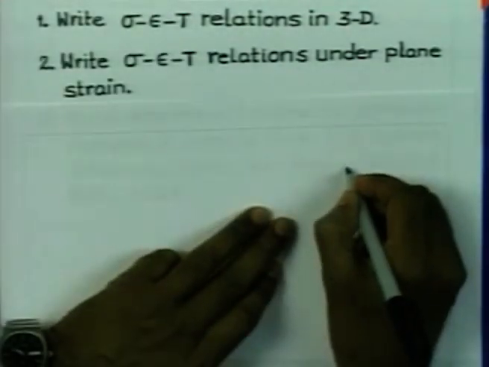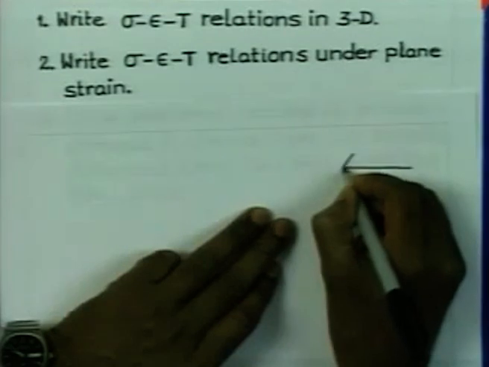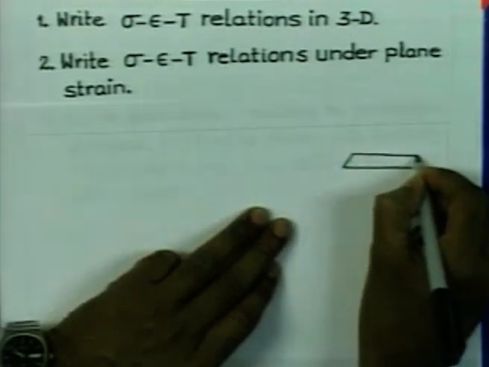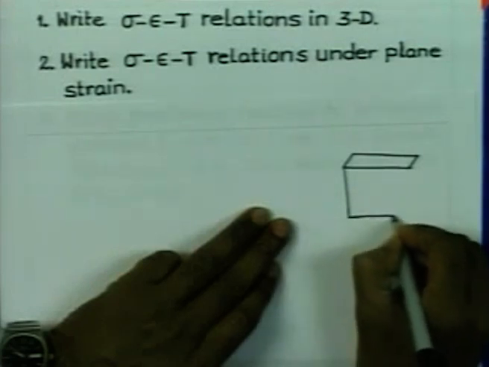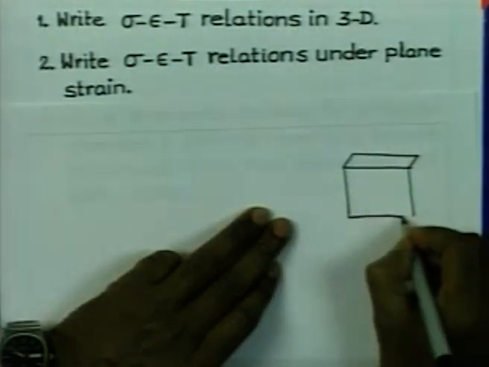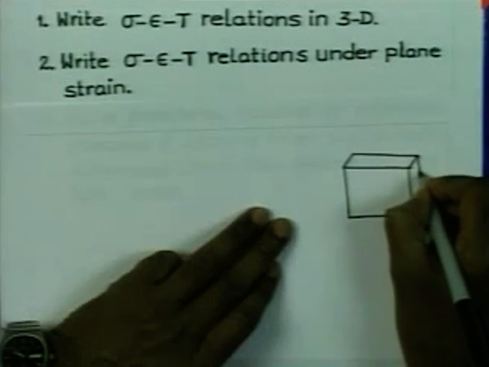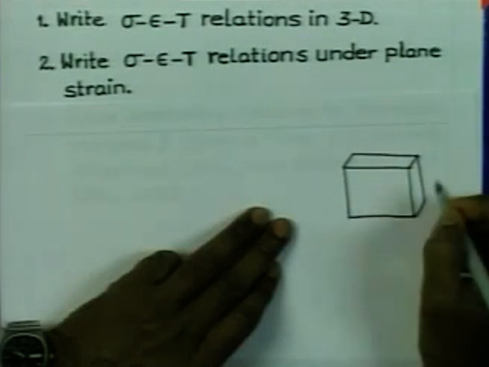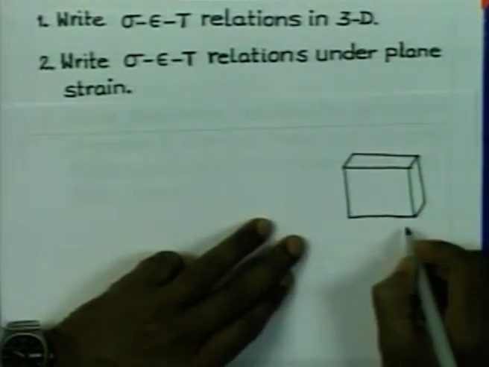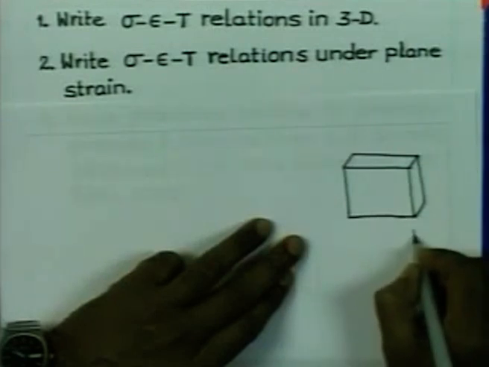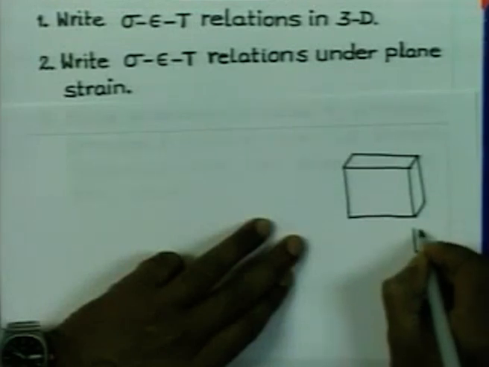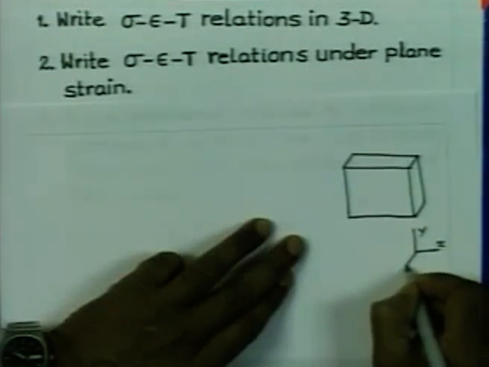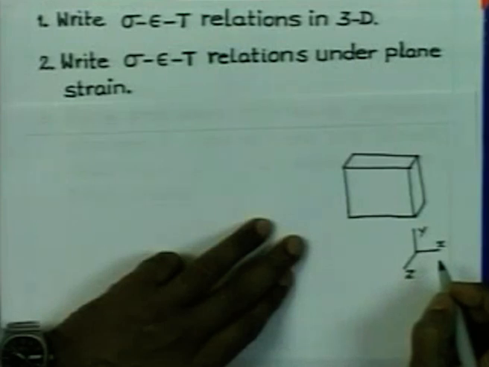You have a component, and let us say the directions are x, y, and then we have the z direction.